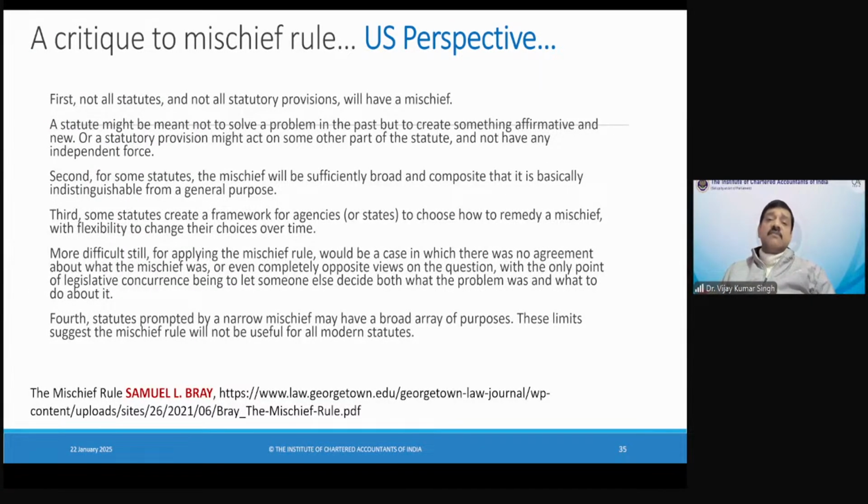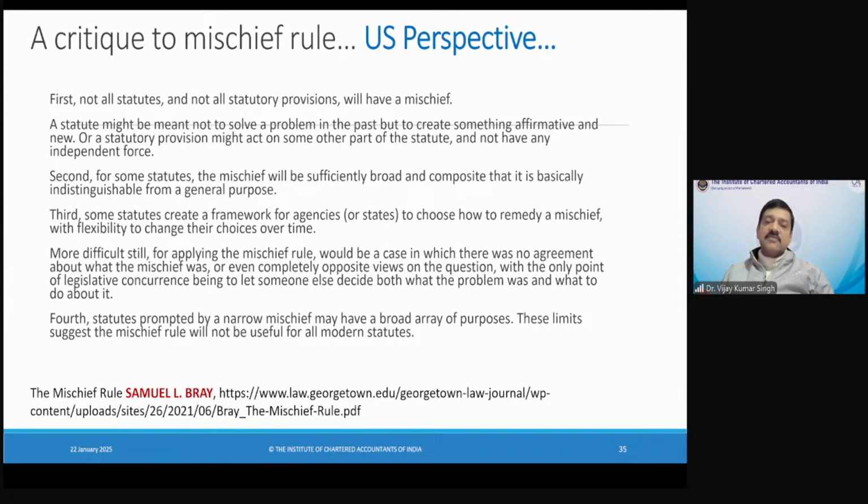This is an additional material which, if you want to, you can read. This is a critique of the mischief rule, basically, and it says from a US perspective, the author claims that the mischief rule is not of much use because nowadays the statutes are not only meant to cure mischief, but they are there to look at future issues or future concerns.